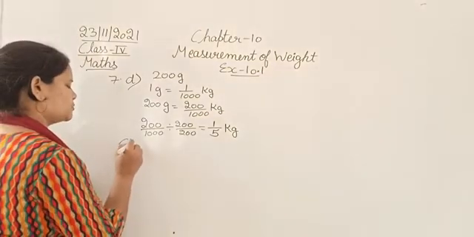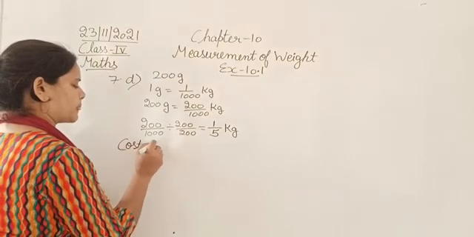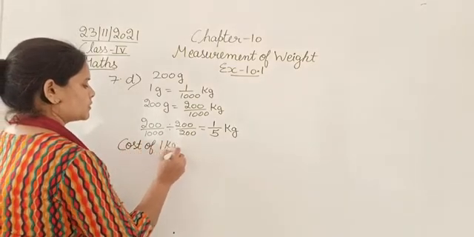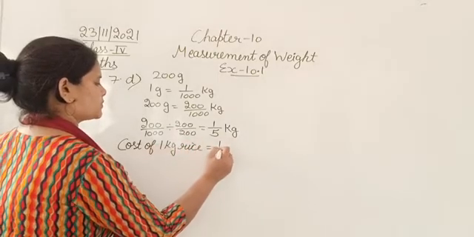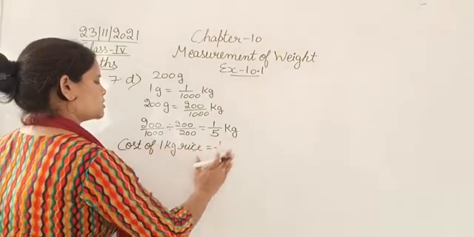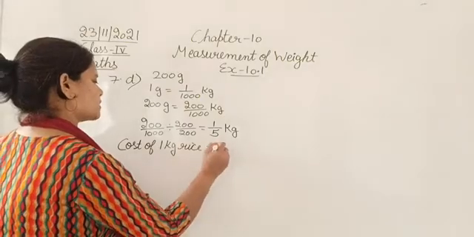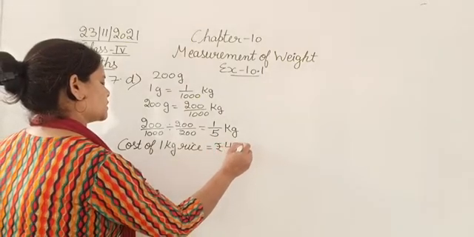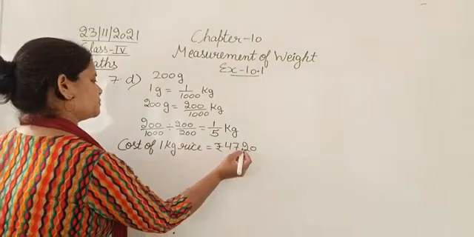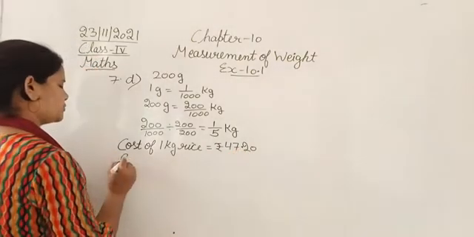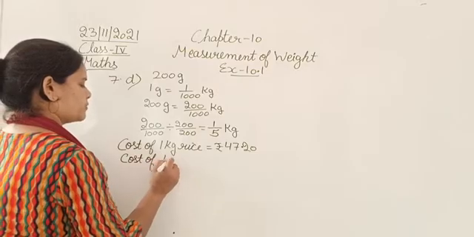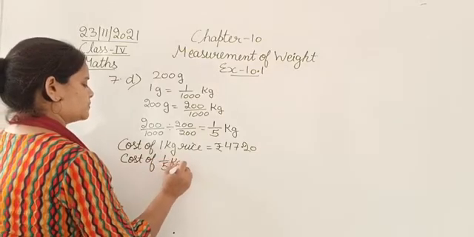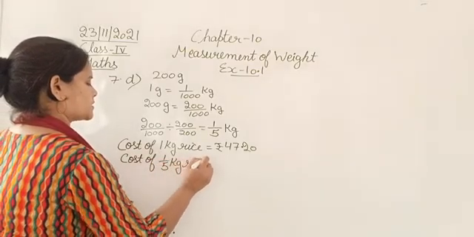Now we can easily do. Cost of 1 kg rice is equal to 47 rupees and 20 paisa. We need to find the cost of 1 upon 5 kg rice.